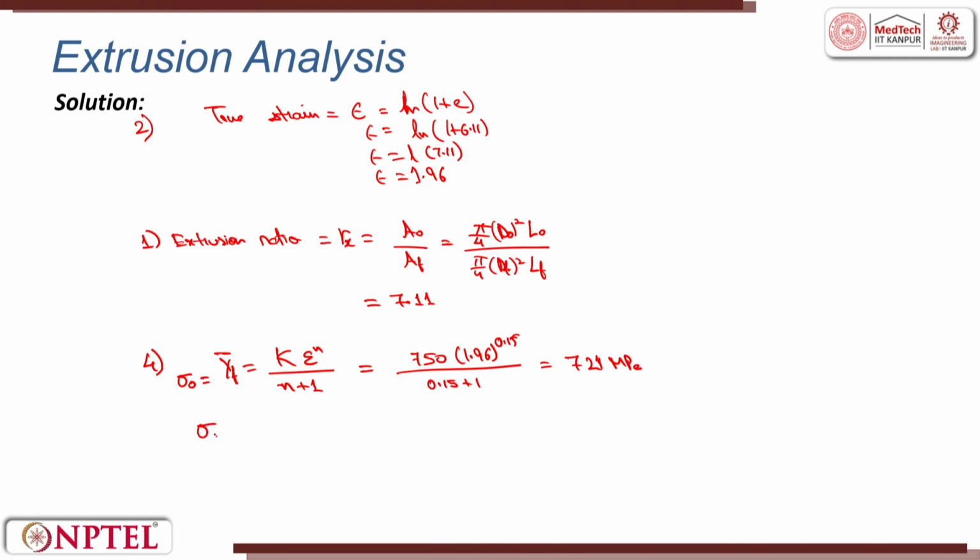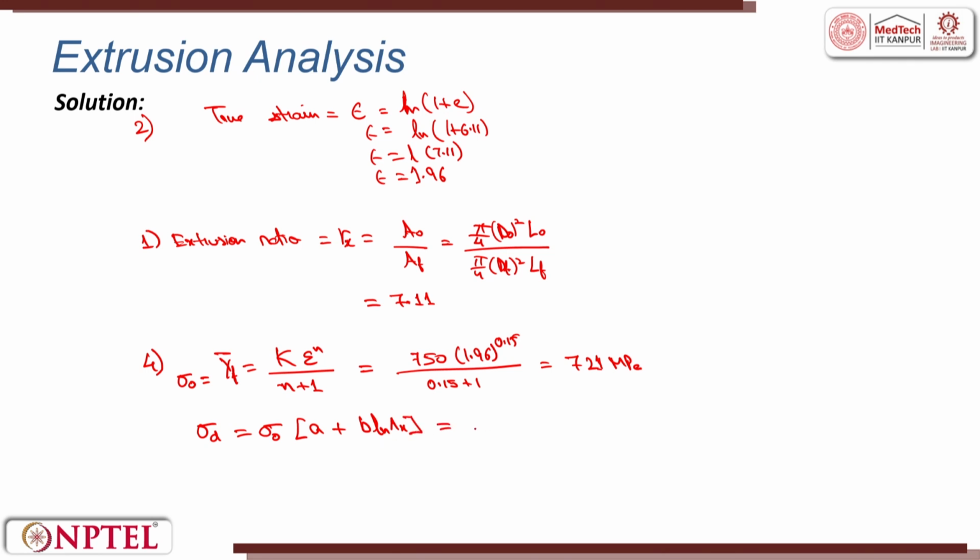Now sigma D, which will give me the ram force later, is equal to sigma naught, that is the flow strength, and the coefficients A plus B log R x.